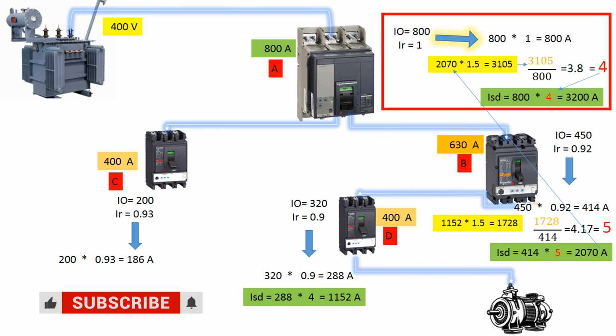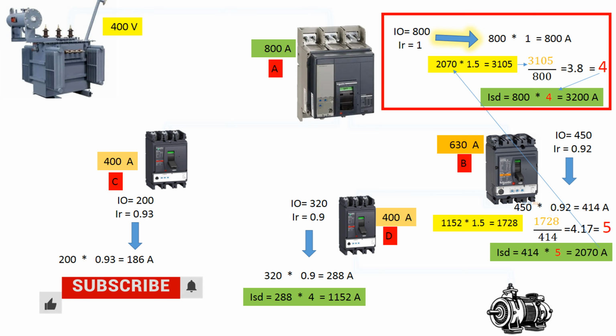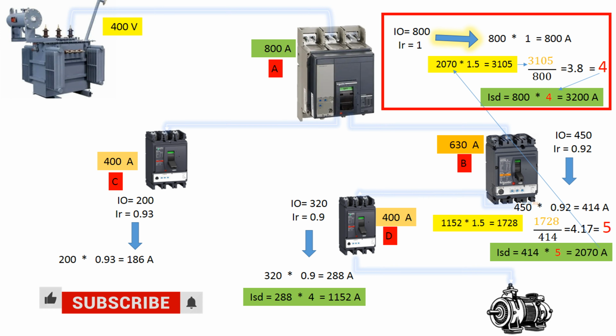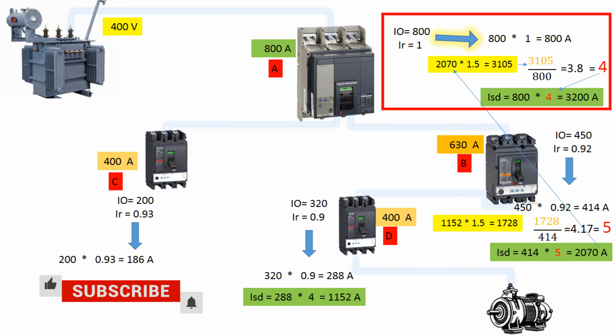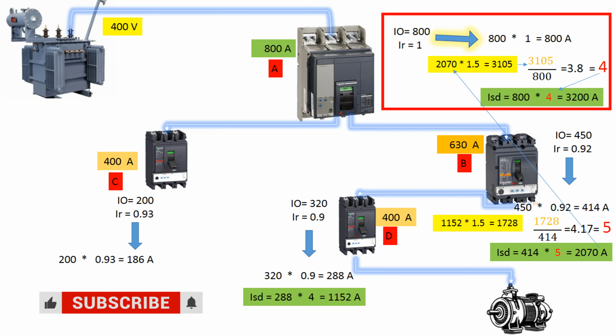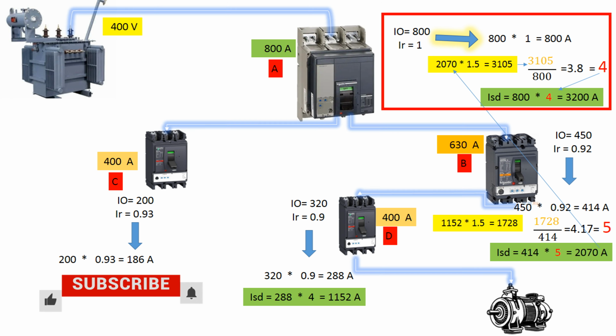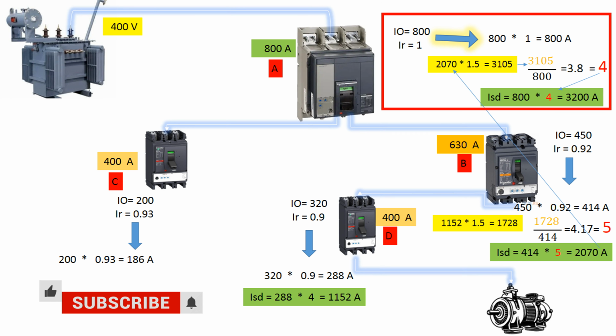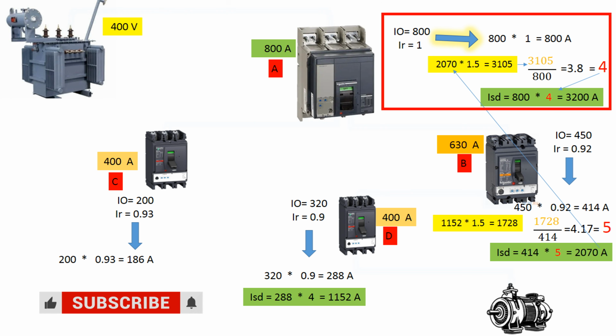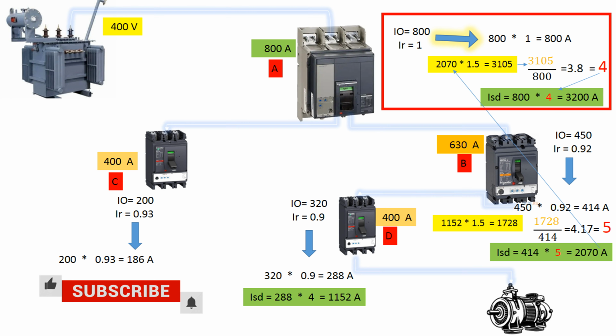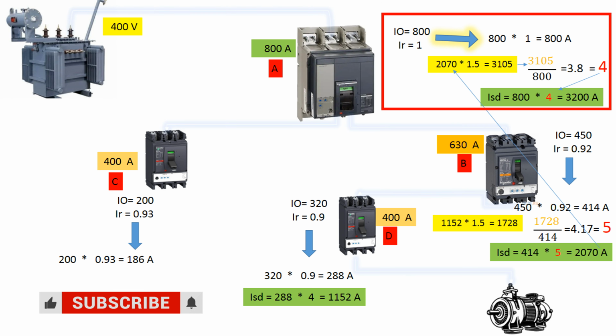Now what should we do so that if a short circuit occurs downstream of breaker B, it trips first? And if for any reason, such as a breaker fault or improper adjustment, breaker B does not clear the fault, then breaker A trips next. So, just like the previous breaker, we need to perform the ISD calculation for breaker A. We take 2070 and multiply it by 1.5, which gives us 3105.